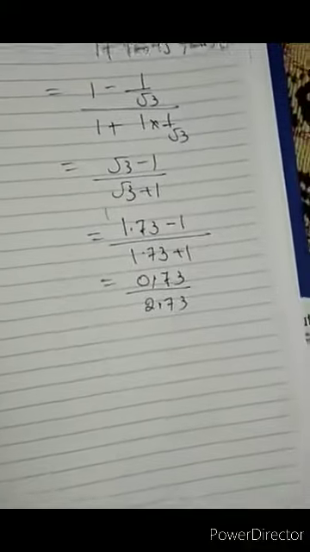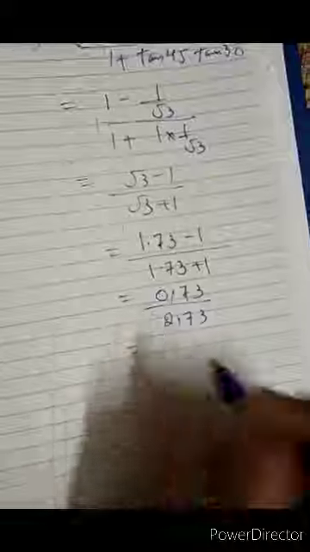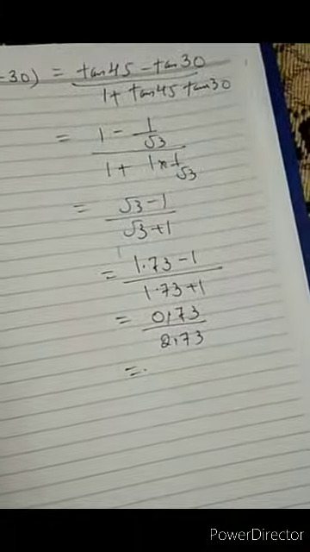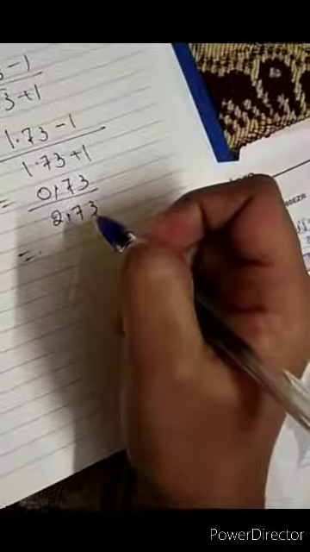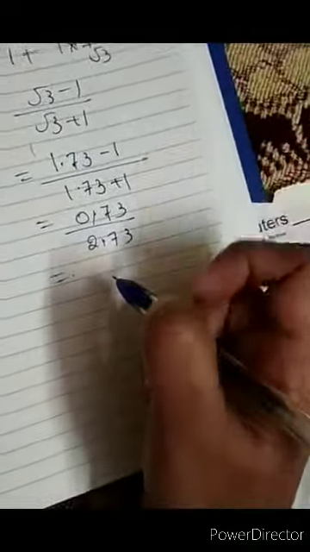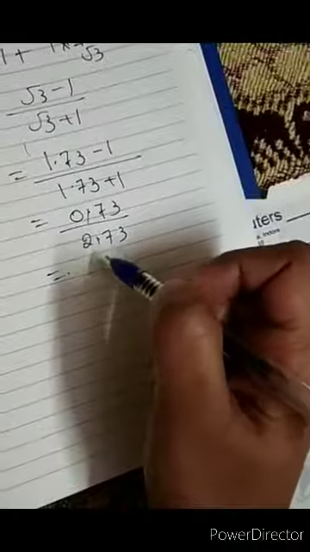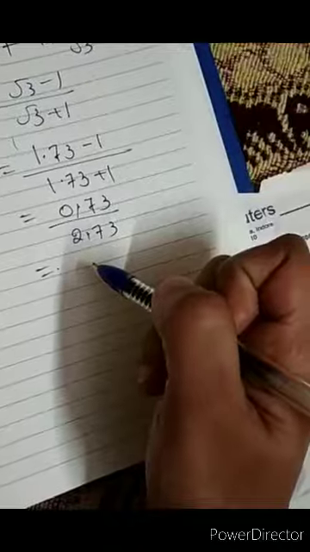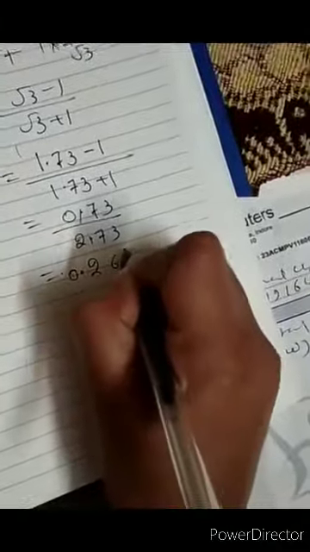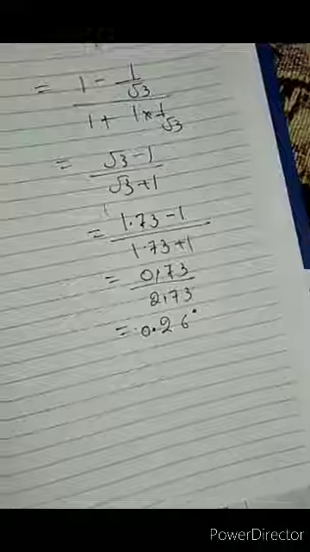When you divide the two, you will get an answer. If you divide 2.73, you will be left with 273, 273 times 2 is 546. So you will have the answer 0.26. Okay, you can divide it.